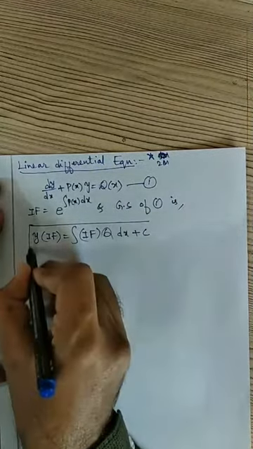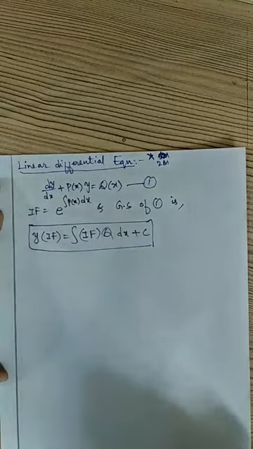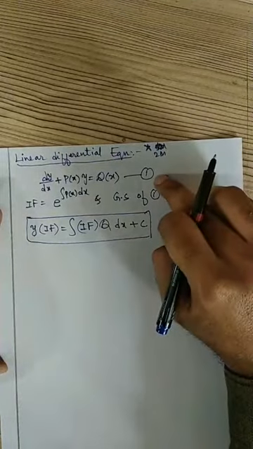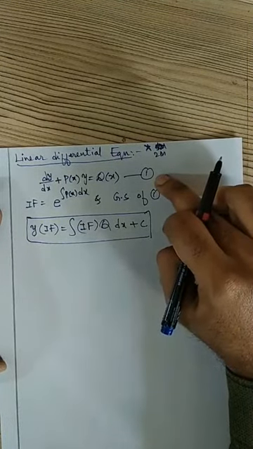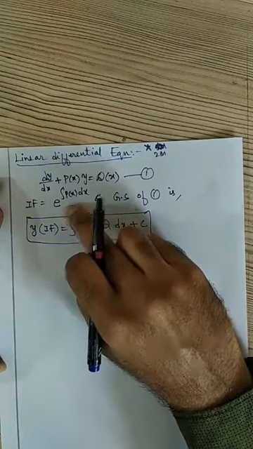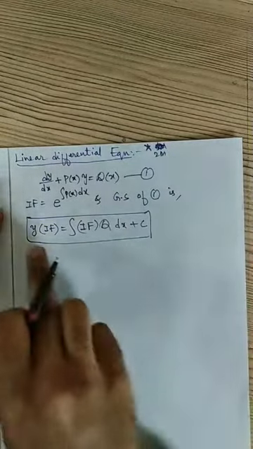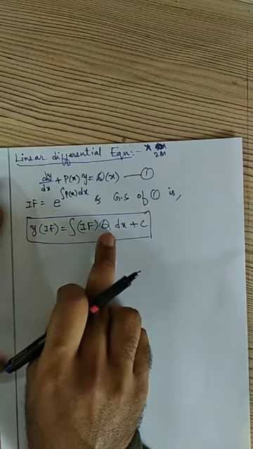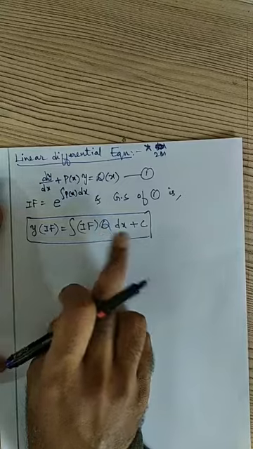So this is the general solution, right? If the equation is of the form dy by dx plus py equals q, then the integrating factor is given by e power integral p dx, and the general solution of this equation is given by y into integrating factor equals integration of integrating factor into q dx plus c, right?